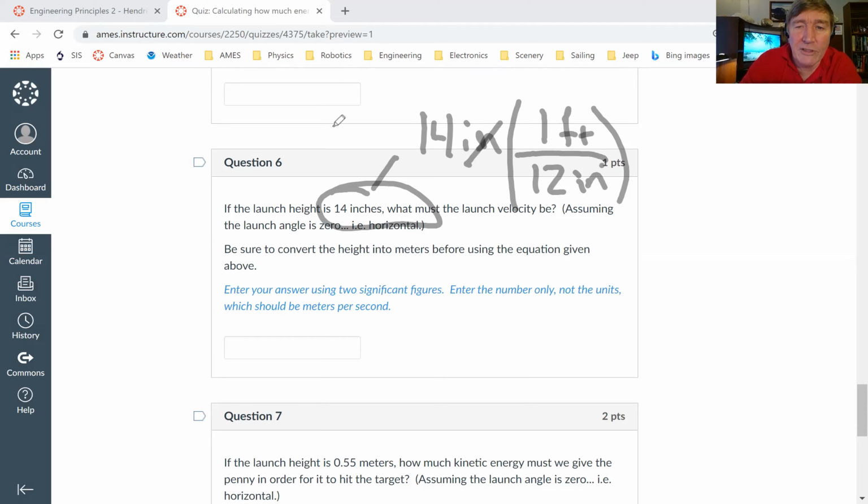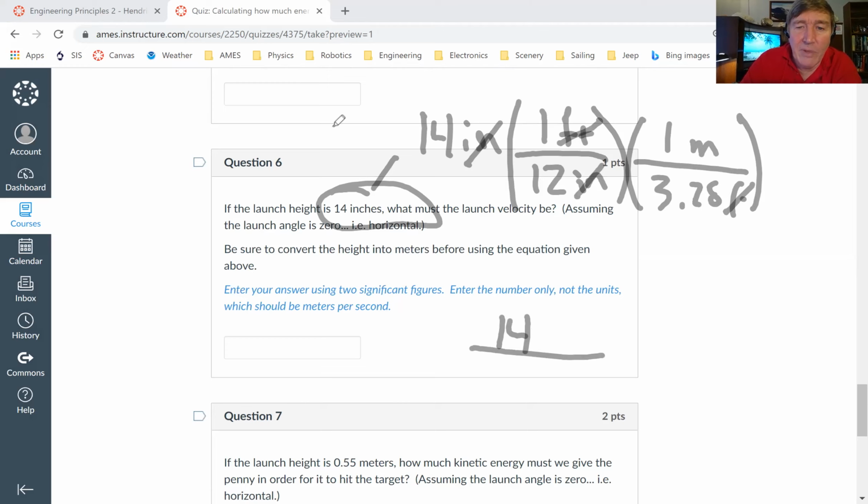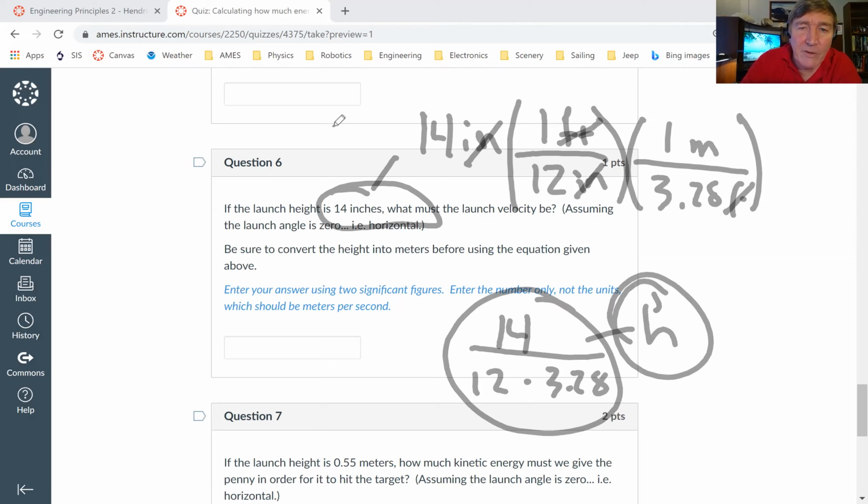Inches cancels inches, but feet isn't right either. We don't want feet, we want meters. So then we say there's 3.28 feet in 1 meter. Feet cancels feet. So the answer is 14 divided by 12 and also divided by 3.28. That is the number that we put in for h, not the 14. We have to put in this other number.